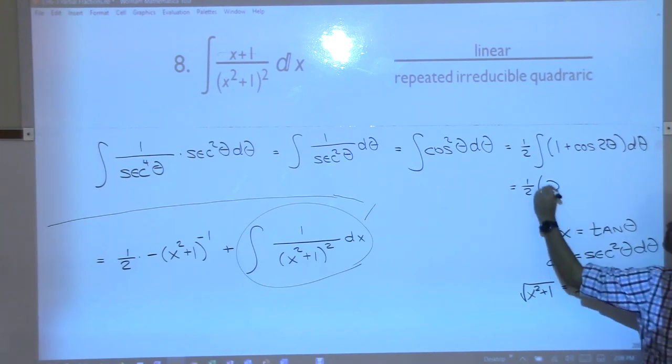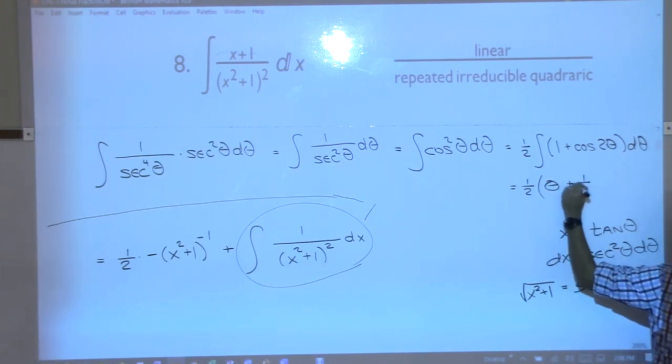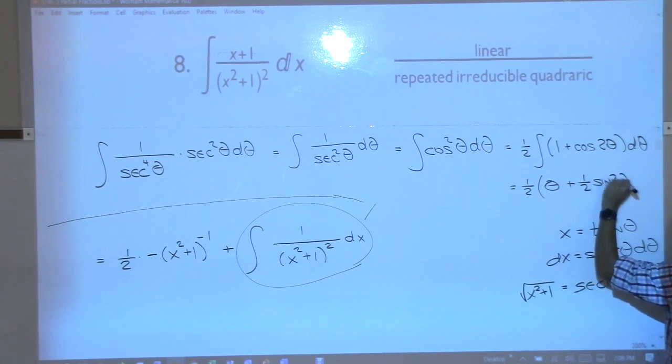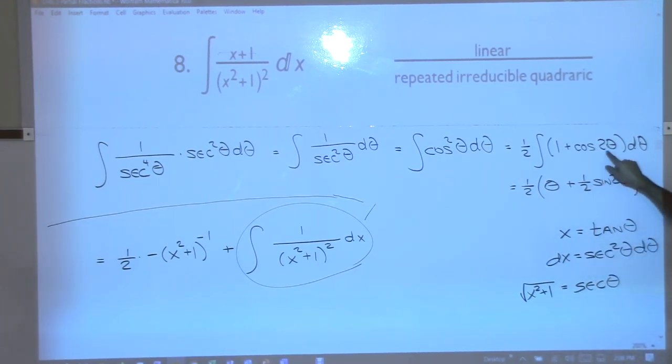Let's see, now we can take an antiderivative. So 1/2 theta plus 1/2 sine 2 theta. We have to scale that half, right? That half came from that 2 in here. Doesn't that turn into sine theta times cosine theta? Yeah, so we'll be able to get theta off of this just doing an arctan.